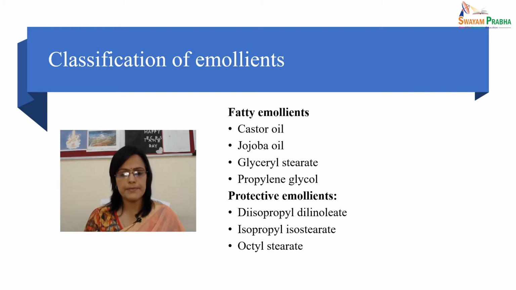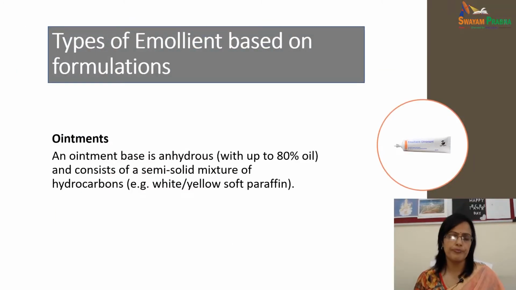What are the different types? Now moving to types of emollients based on the formulation. Based on the formulation, how can we classify emollients? The very first, we will see ointments. An ointment base is anhydrous with up to 80% of the oil, and it consists of a semi-solid mixture of hydrocarbons, for example white, yellow, soft paraffin.